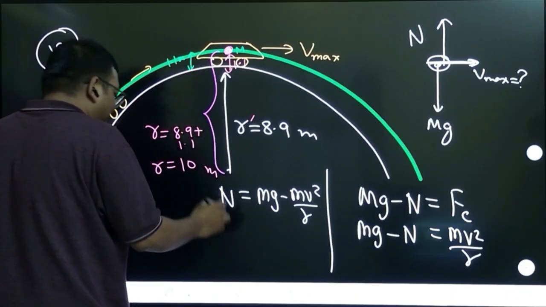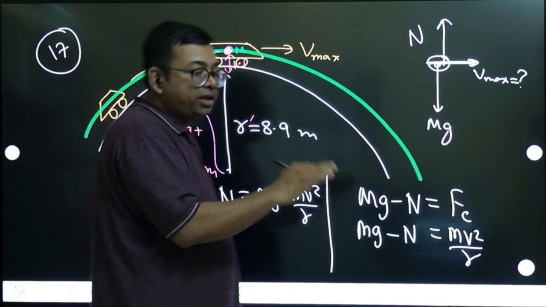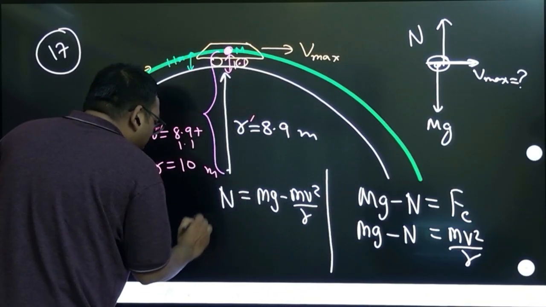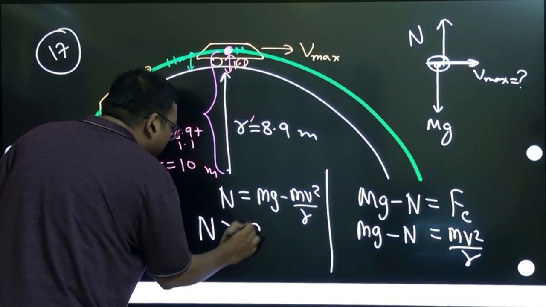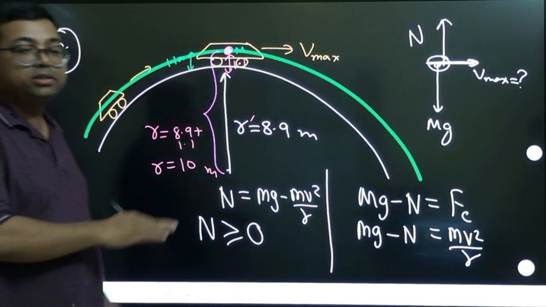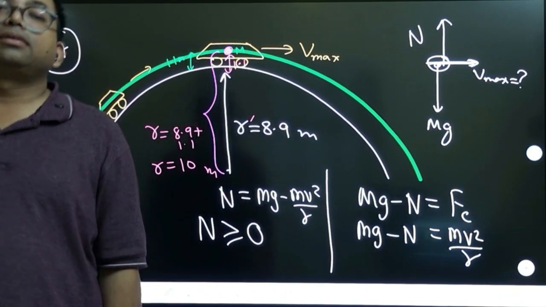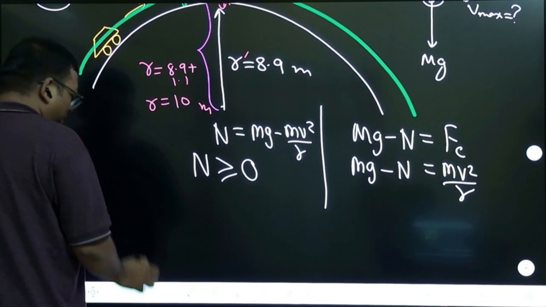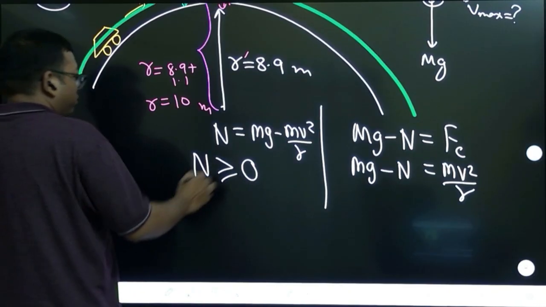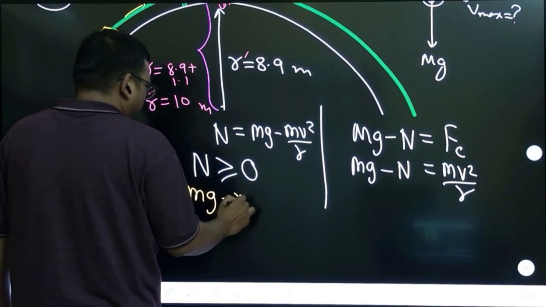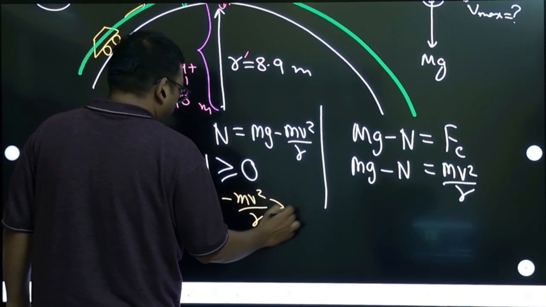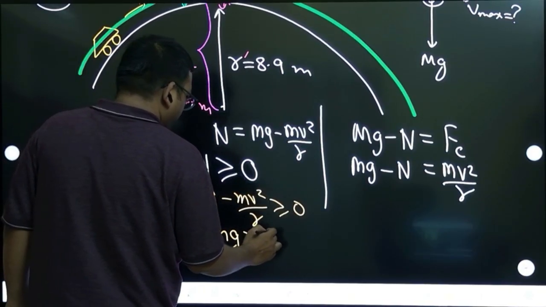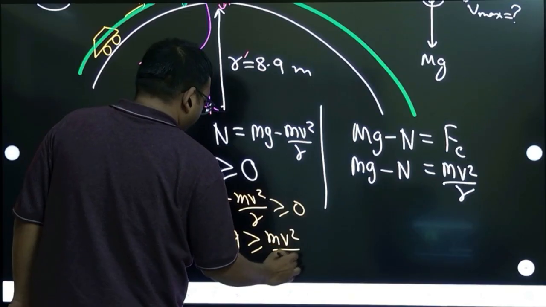Now we should have the condition that this car has to remain in contact with that, right? So that means normal cannot be 0, or you can say normal is greater than or equal to 0. Equal to means it is almost going to leave the contact. So if you apply this condition, then mg minus mv square by r is greater than or equal to 0, meaning mg must be greater than or equal to mv square by r.